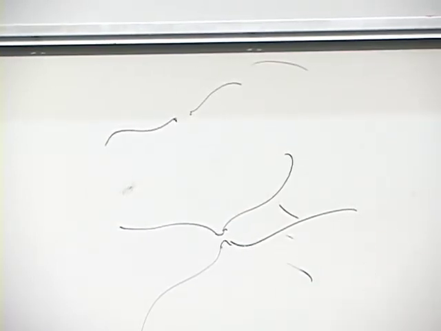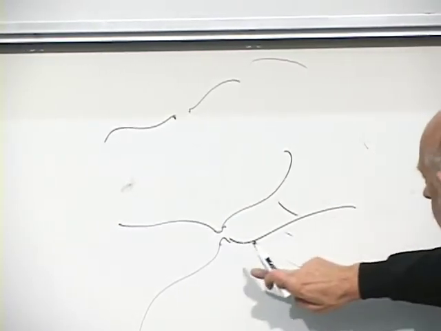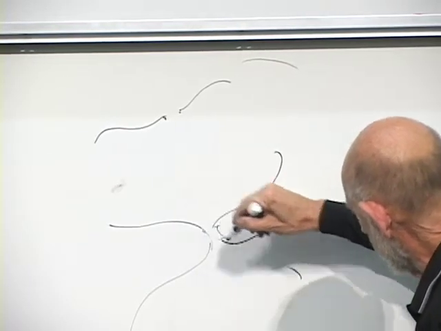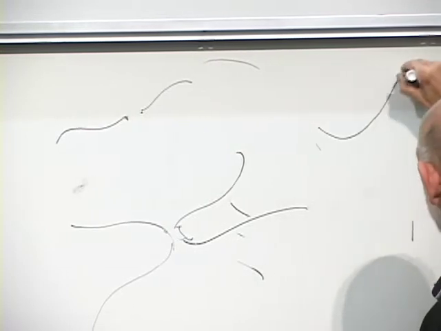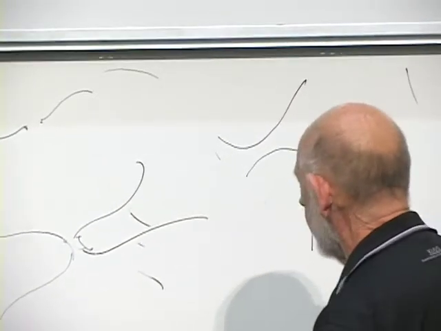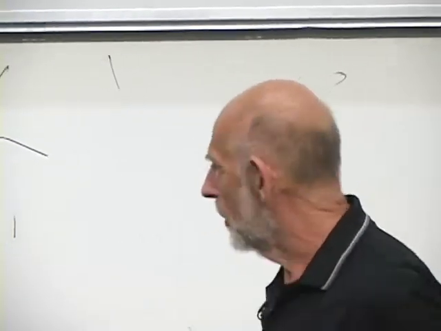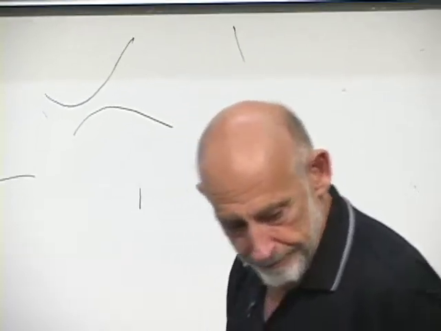Let's see what we started with. We started with two strings this way, and this became this. Again, it's the same process where two things come in touch and then rearrange. That's a process that can happen in string theory.